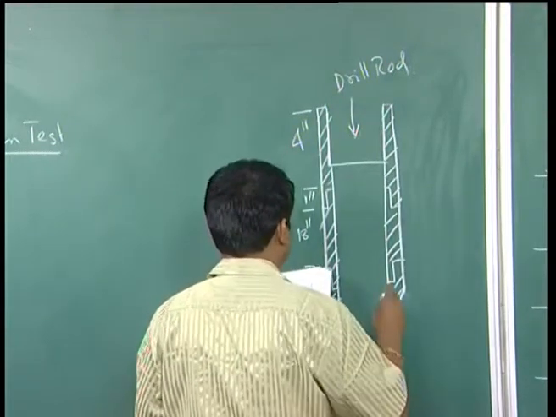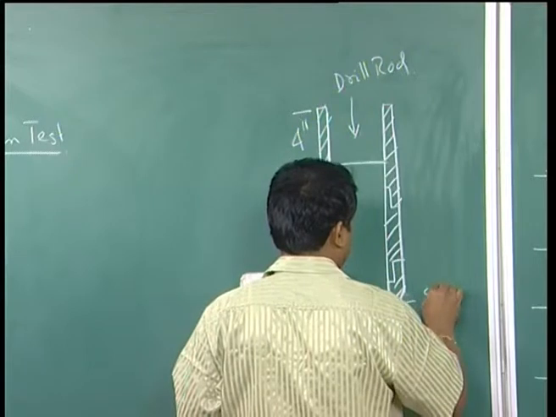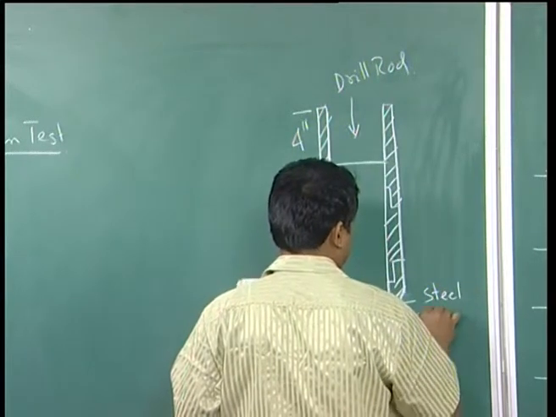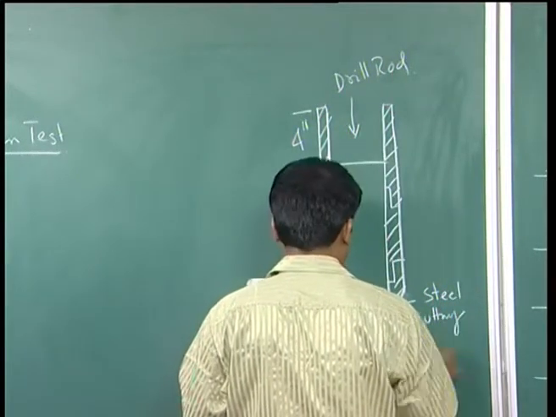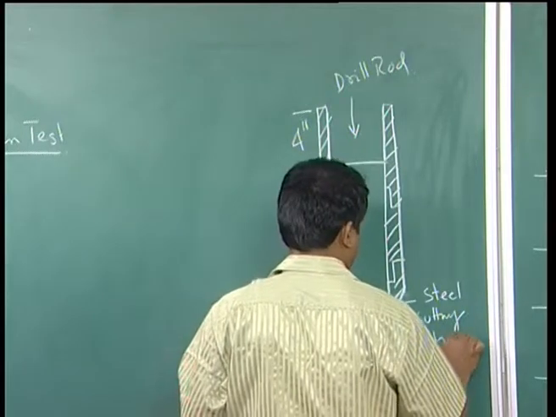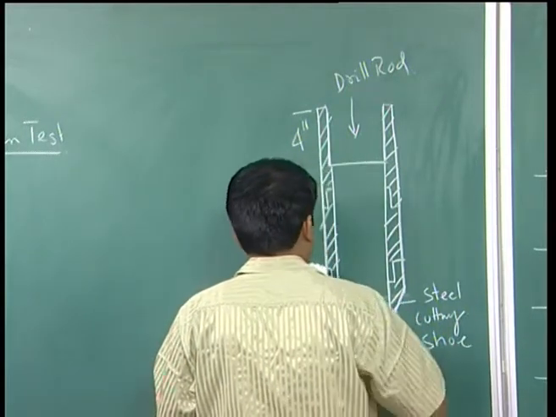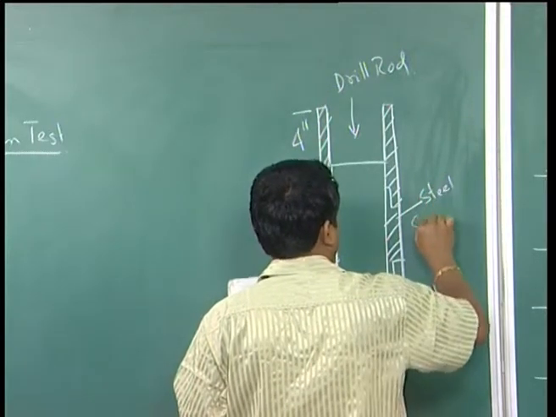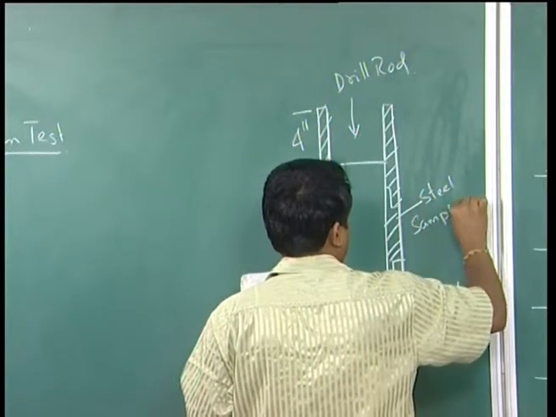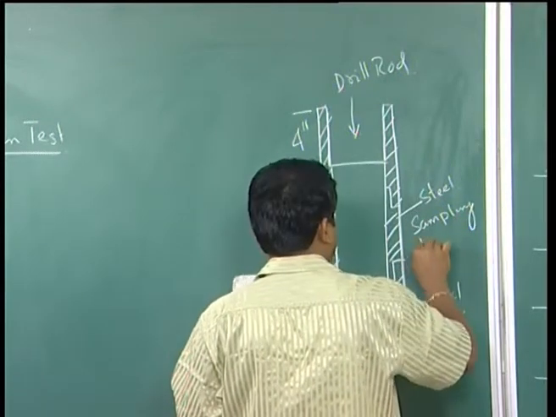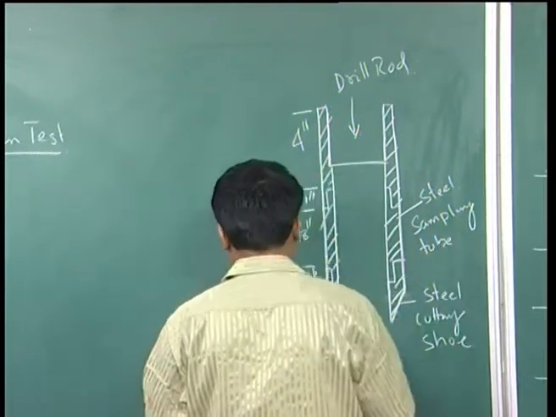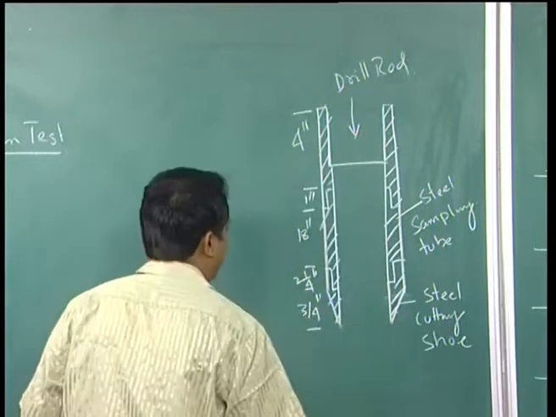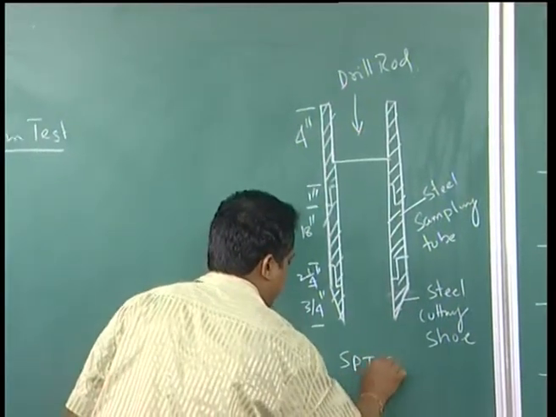This is your steel cutting shoe. This is steel sampling tube. So this is called SPT sampler.